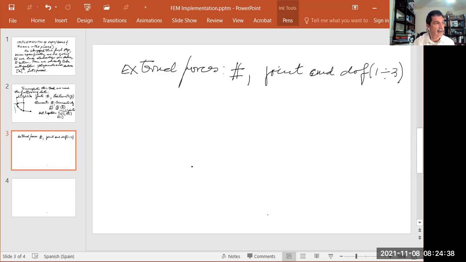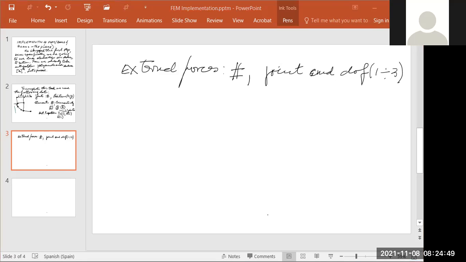Mr. Ortega, what else do we need? The load transformed to every joint? No, the loads are already here.